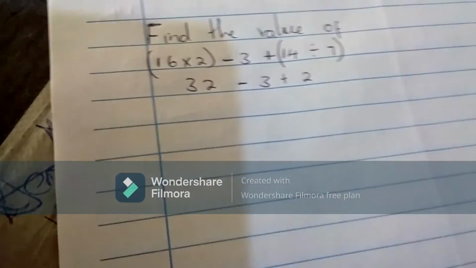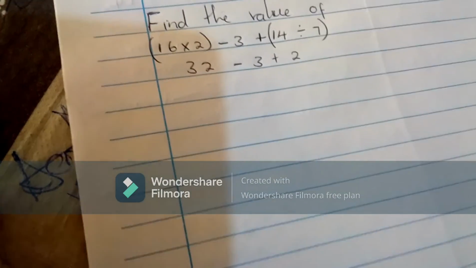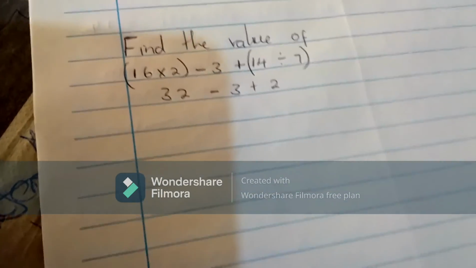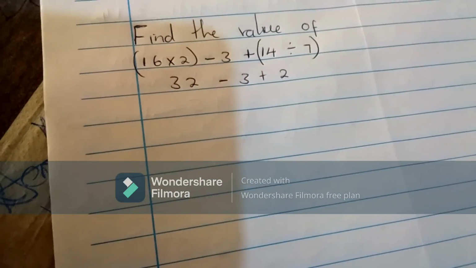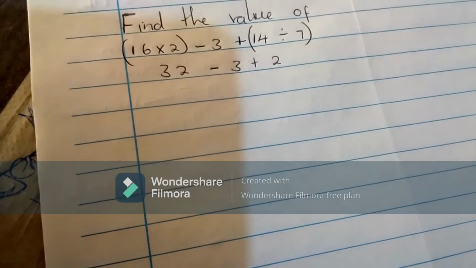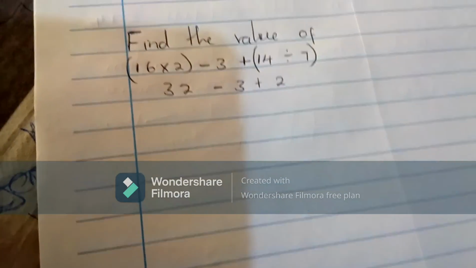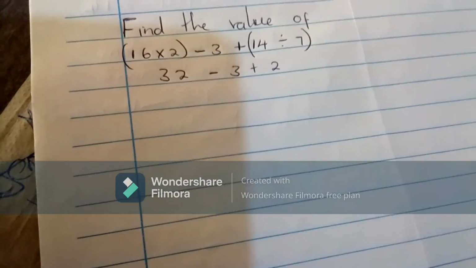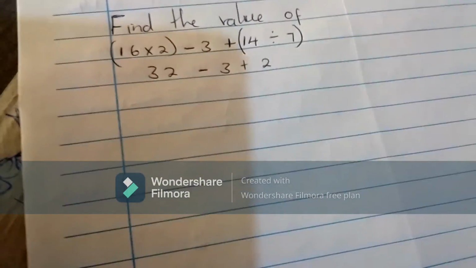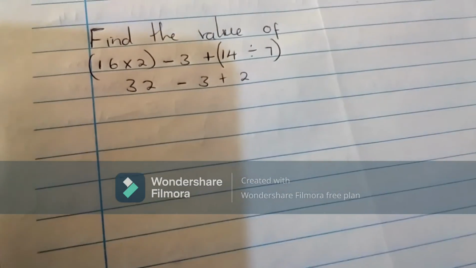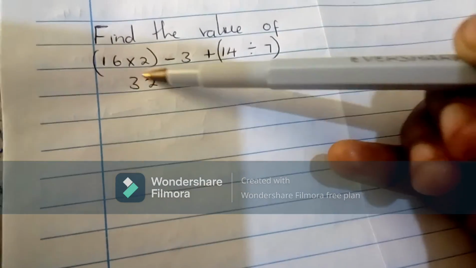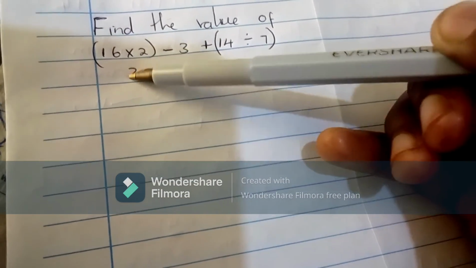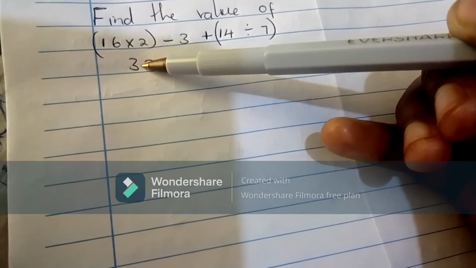Okay, so applying the BODMAS to this part, we are going to start with addition. Each value possesses a sign, whether it's positive or negative, whether it's present or not present. And this 32 here possesses a plus sign.